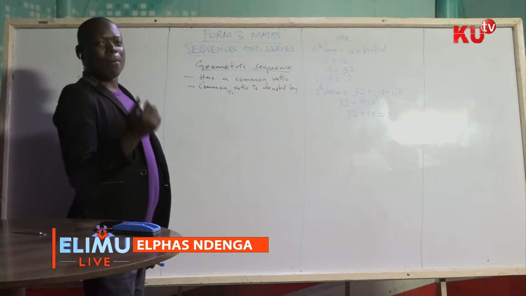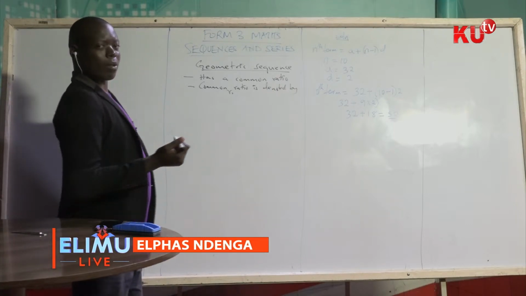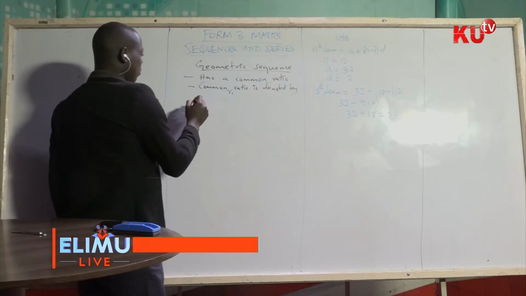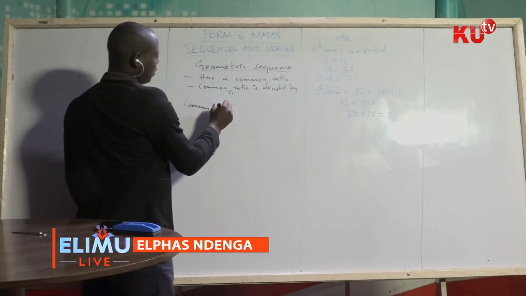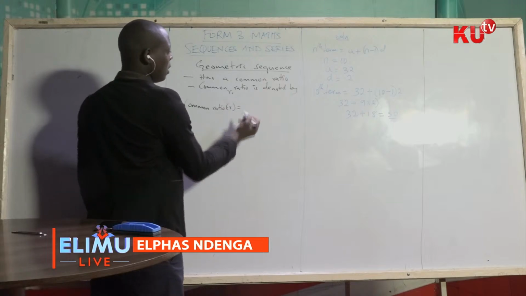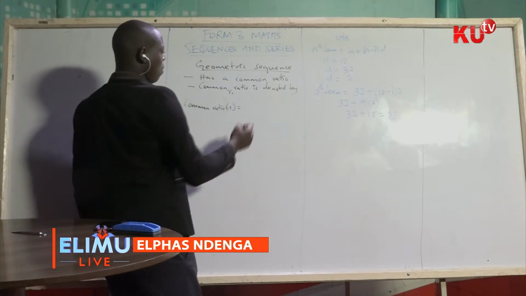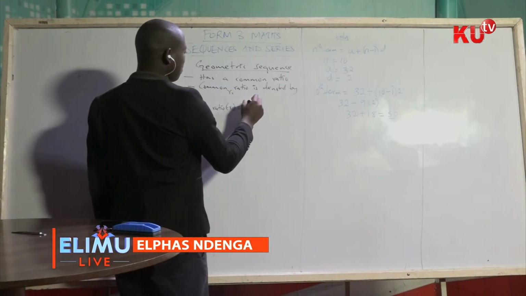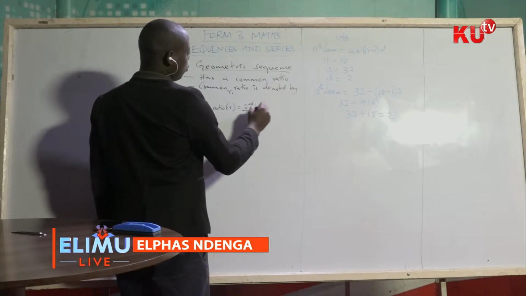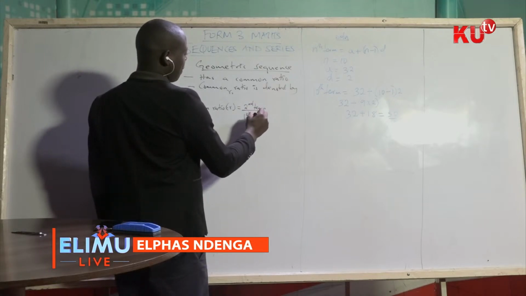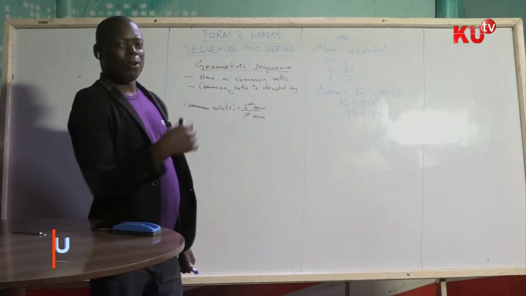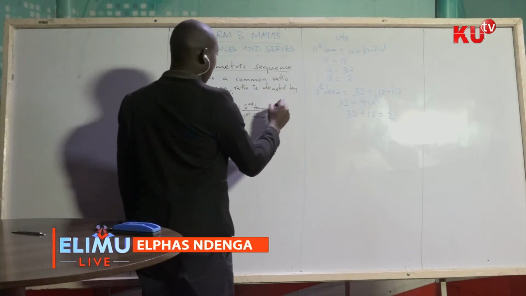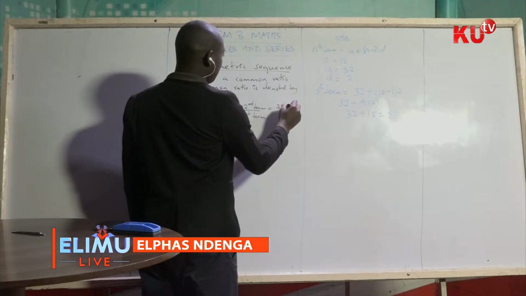Now, what is the common ratio? Our common ratio is the ratio of the second term to the first term, which is the same as the third term over the second term.